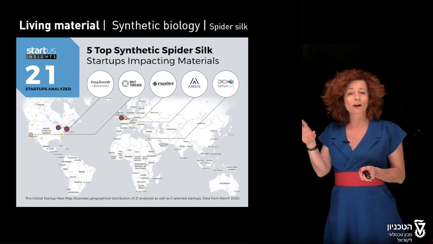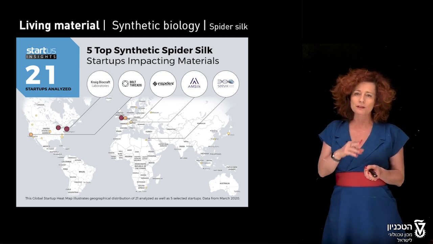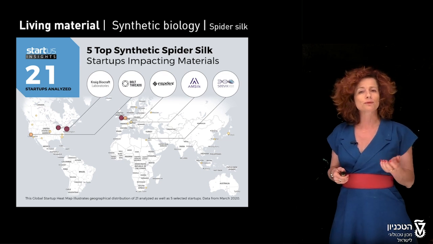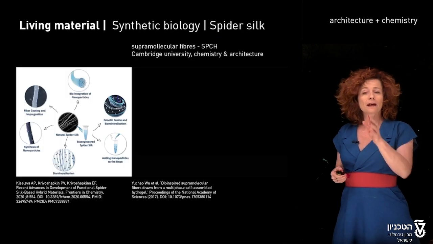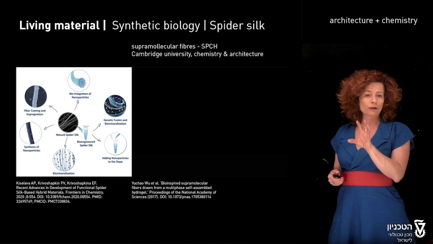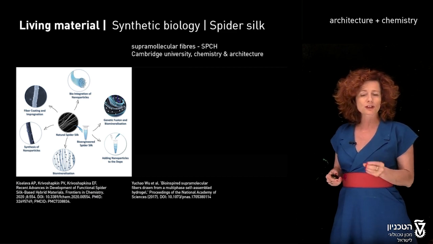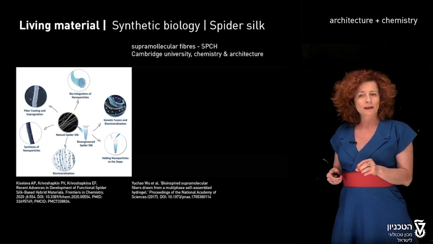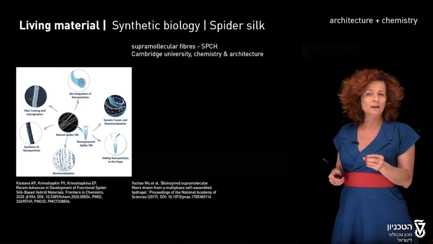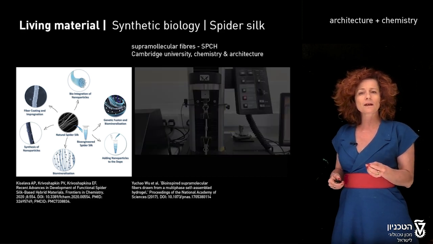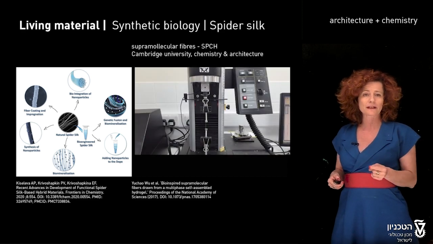So all across the world, also in Israel, we have startups that are trying to synthetically produce this spider silk. And there are various approaches to produce spider silk, from biomineralization to coating of fibers, and also the construction of nanocomposite material that we have here in this example.